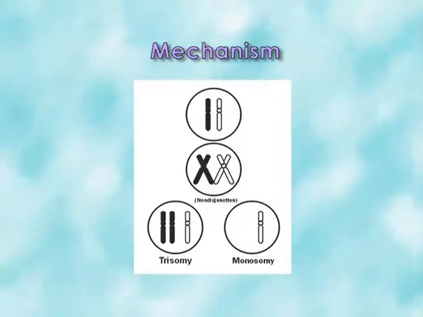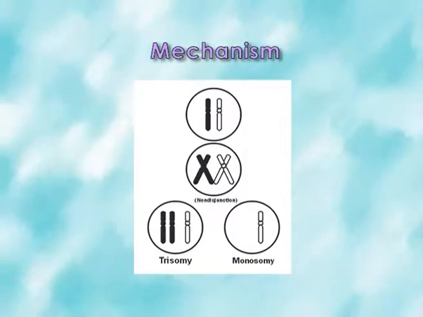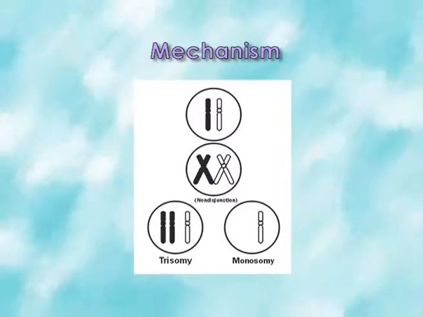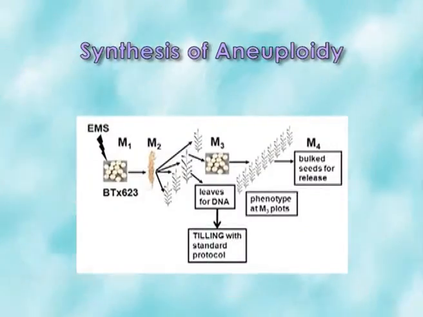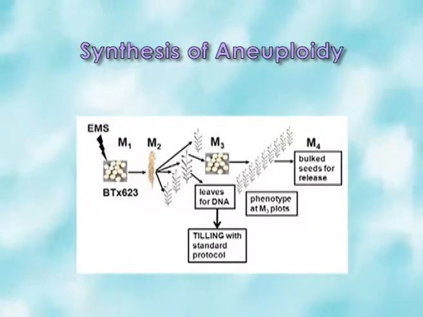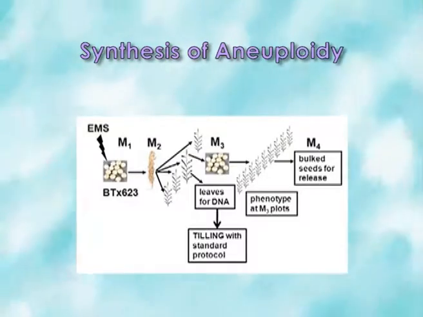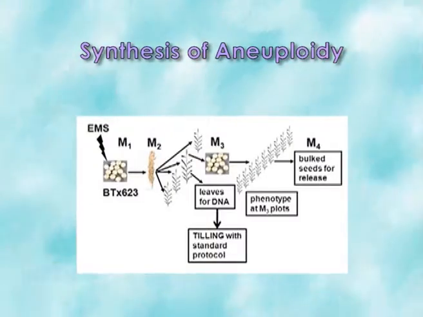Mechanism, they are coming from spontaneous non-disjunction, or they can come from the irradiation as well as variation in translocation deficiency causing the reduced fertility or viability. Synthesis, the aneuploidy can be synthesized by the effect of ethyl methane sulfonate, by giving colchicine in sorghum in this way, or can be produced from the unreduced gamete as well.